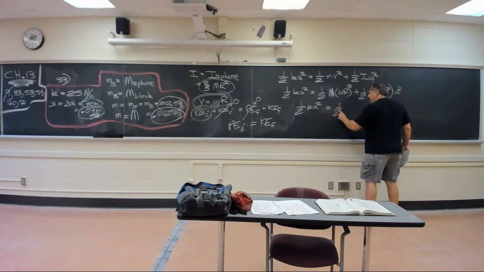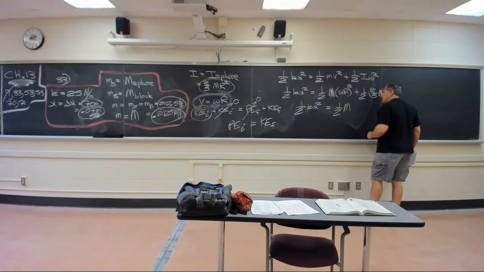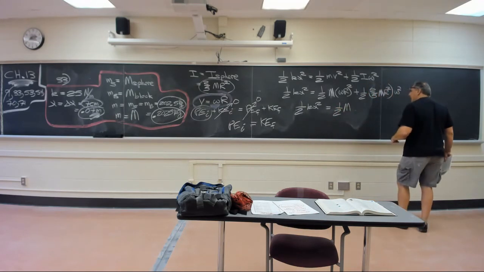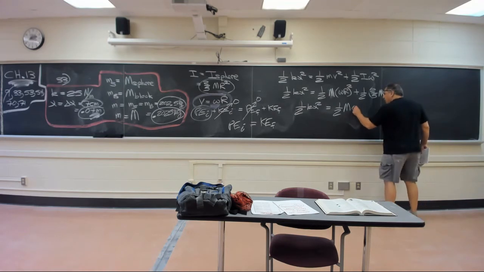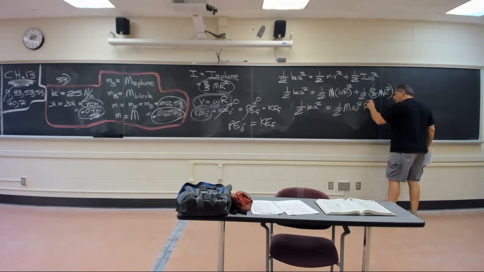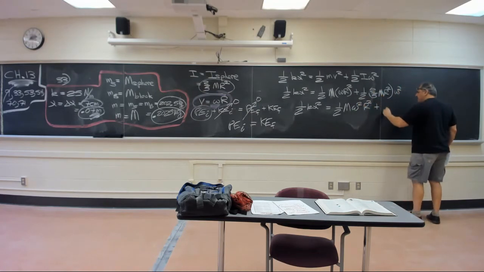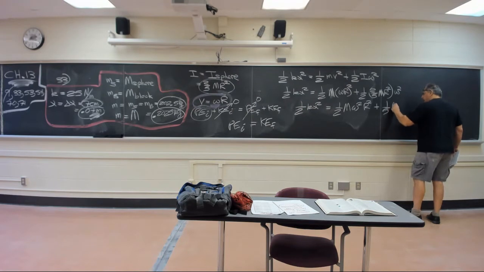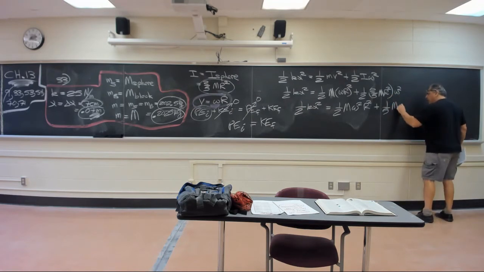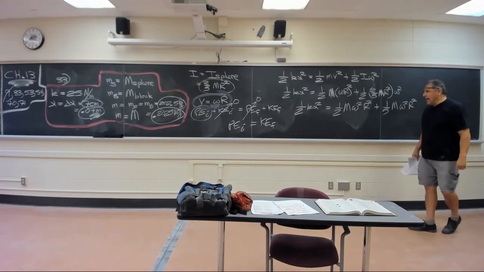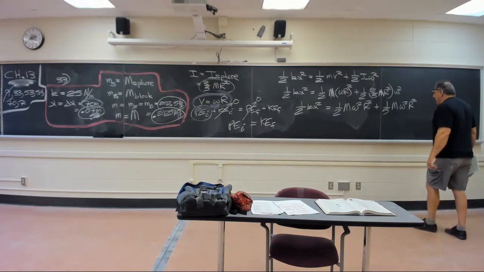This is 1/2 capital M omega squared R squared. Can write this a whole bunch of ways actually. This is 1/2 of 2/5. That's 1/5 M R squared omega squared, or omega squared R squared. It doesn't really matter a lot. The big thing is that you get it.